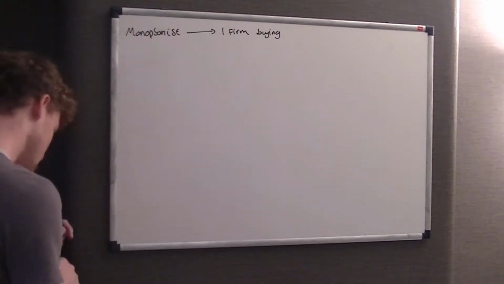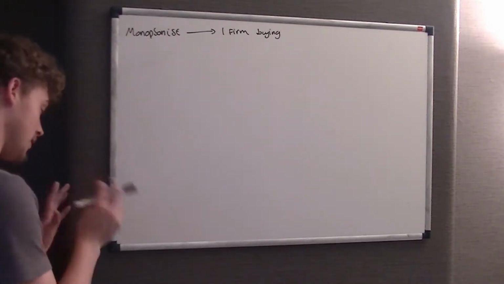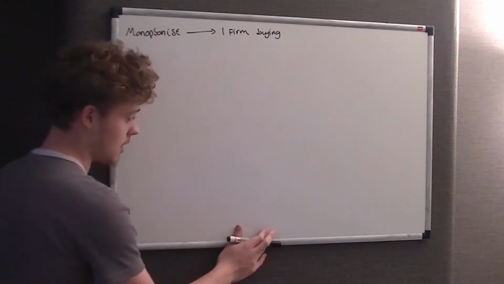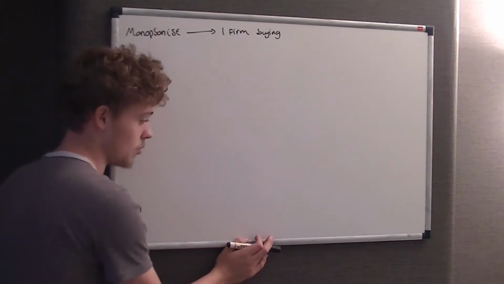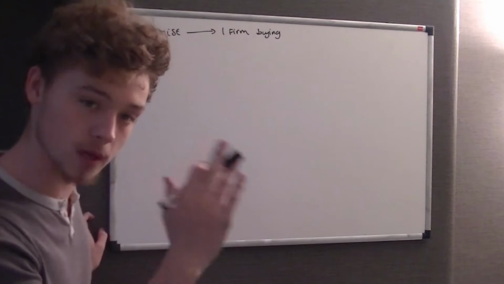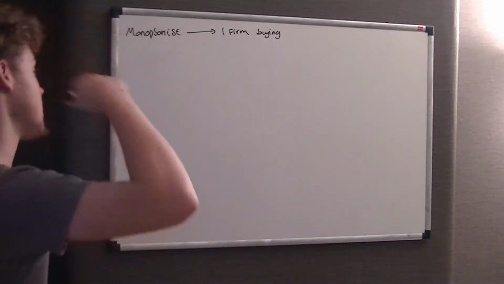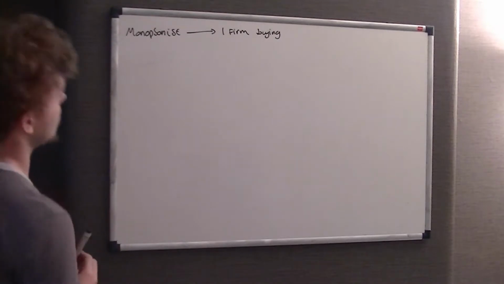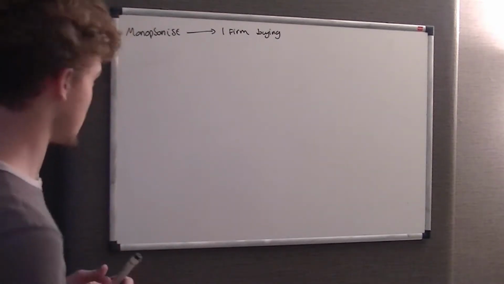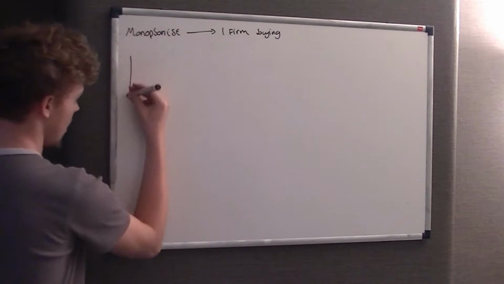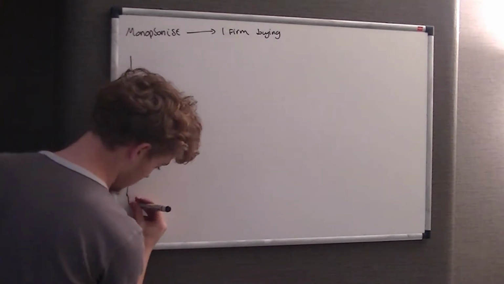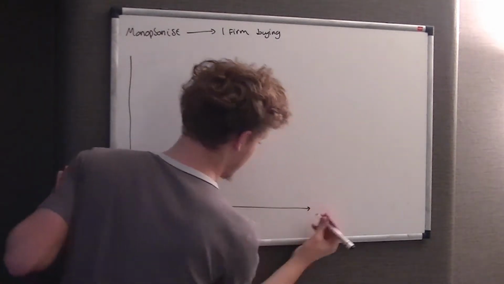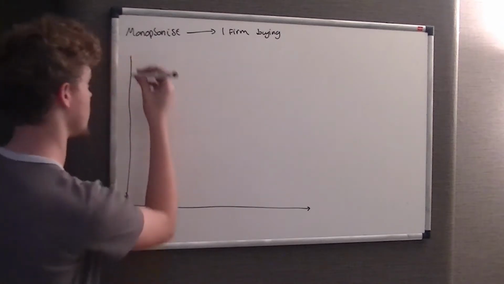So I told you to think about that diagram for the monopolist, where there was the deadweight welfare loss. That's irrelevant, but the diagram is fairly similar to the one we're about to draw. Now, in that one, we were looking at the supply as being in terms of the marginal cost.